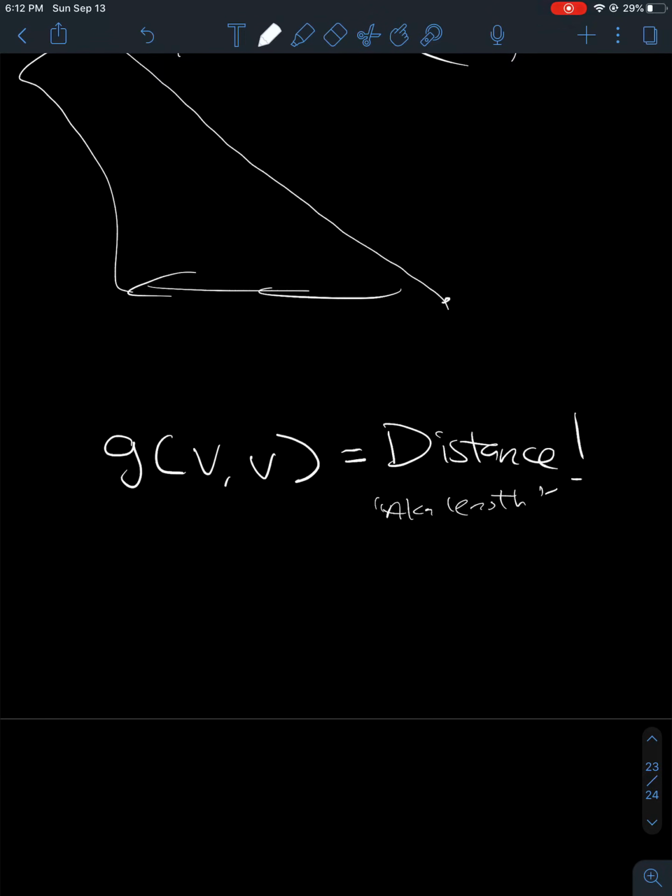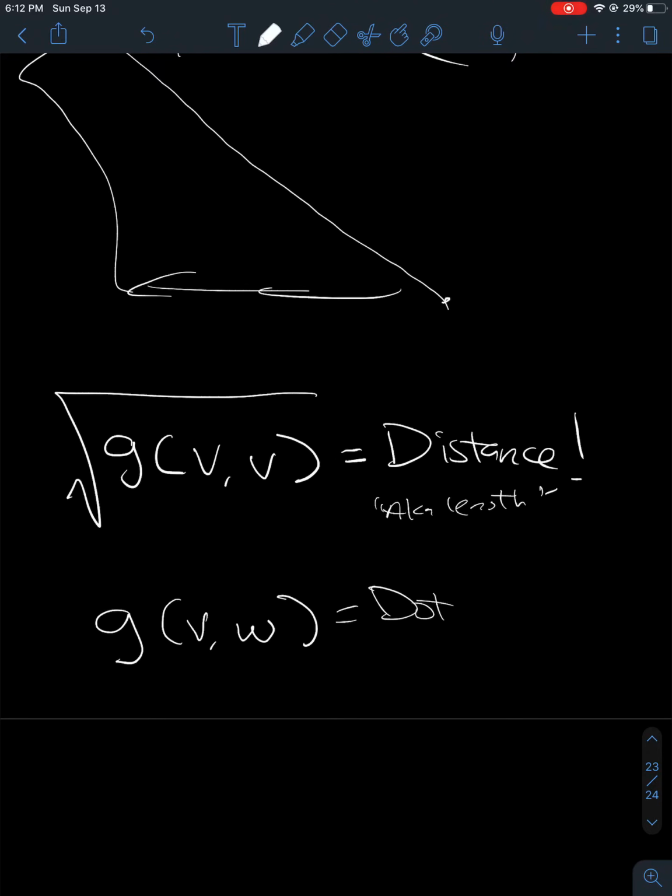Now, the metric tensor also measures the dot product. Wait, I made a mistake. The square root of the metric tensor acting on the same vector twice gives you the length of a vector. Now, if I have the metric tensor acting on two different vectors, v and w, it gives me the dot product between those two vectors.